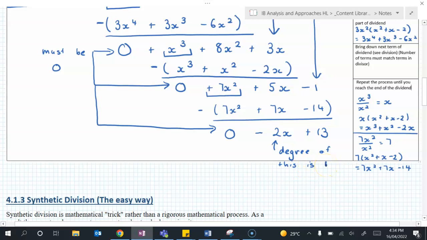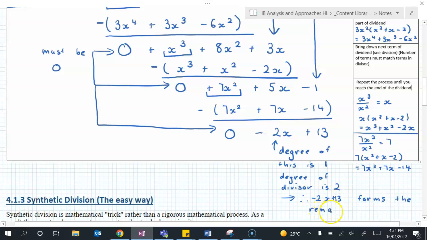Now the degree is the highest power of x, and the degree of the divisor is 2. So minus 2x plus 13 forms the remainder.